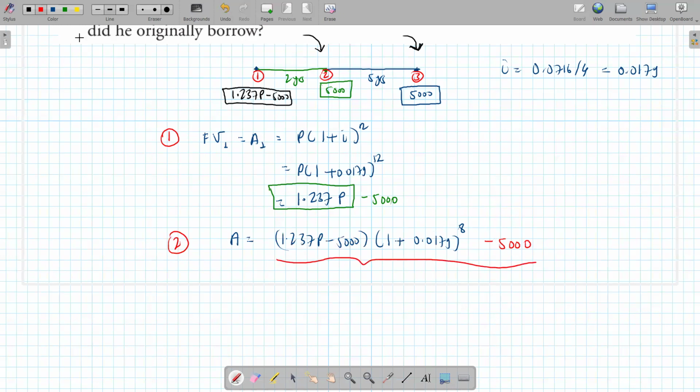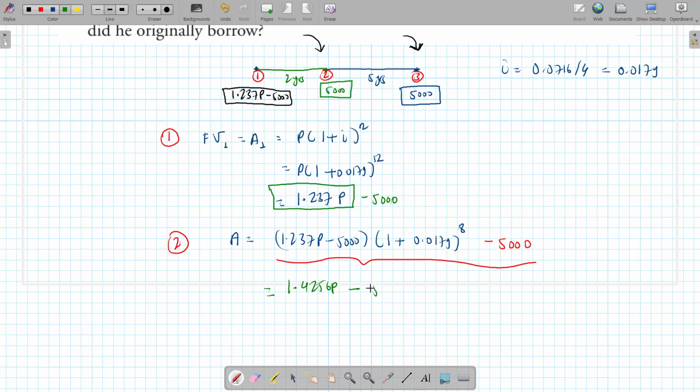So let me just simplify this a little bit. This will become 1.237P times 1.0179 to the power of 8. So this becomes 1.4256P minus 5,000 times 1.0179 to the power of 8.